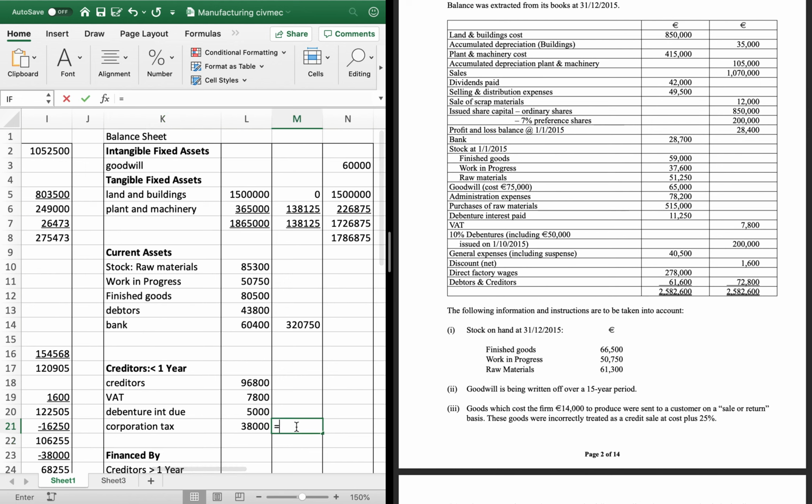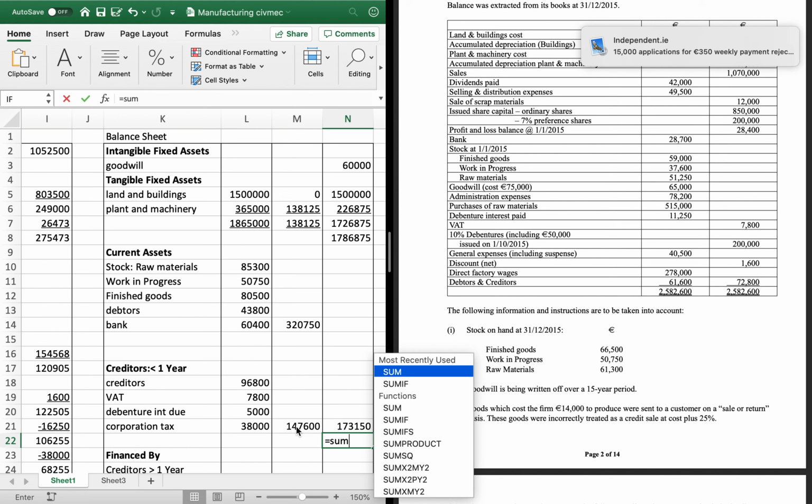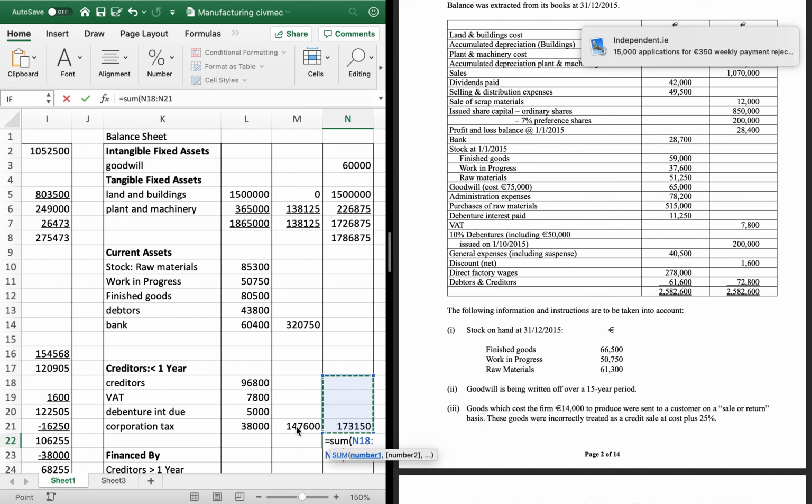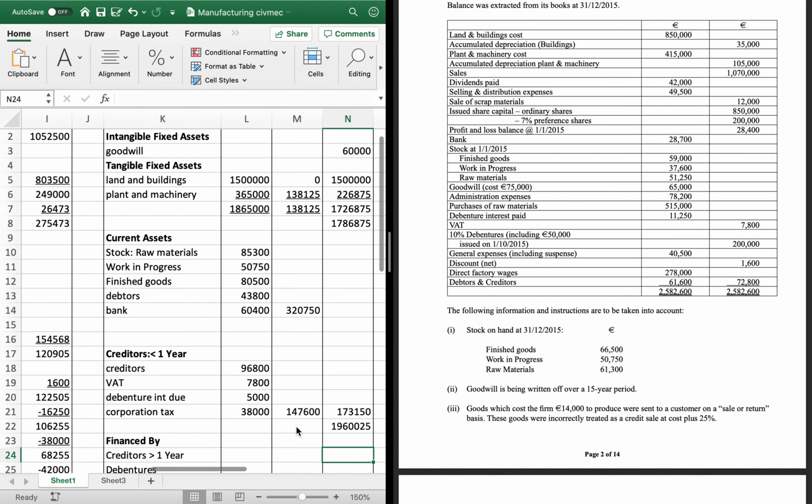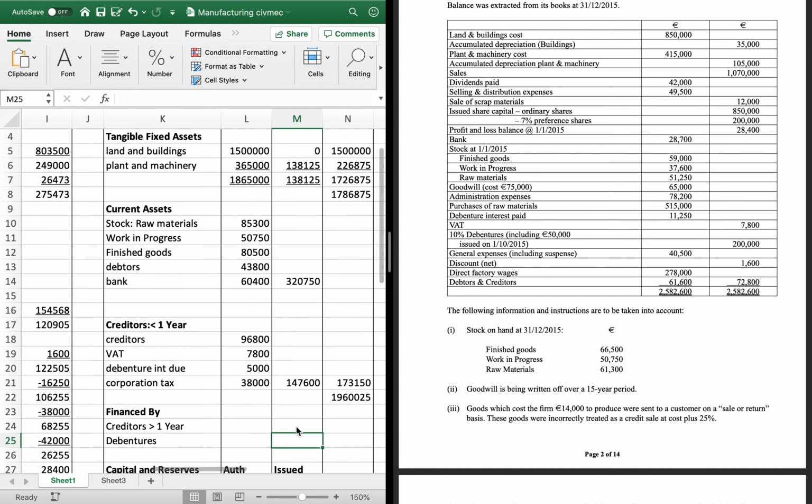So that should be everything. So add them up, take them away as normal, and add that onto your fixed assets. So 196,025.